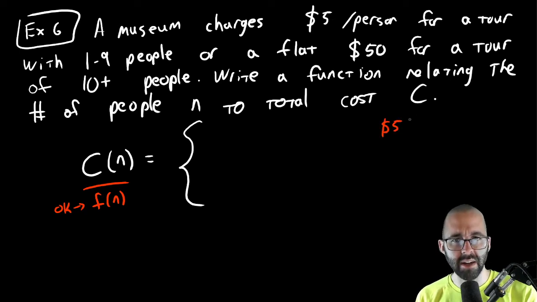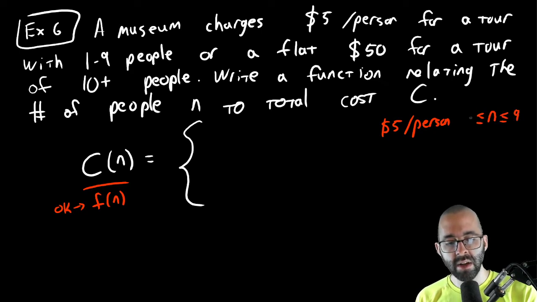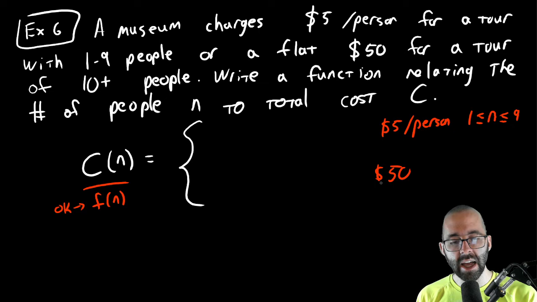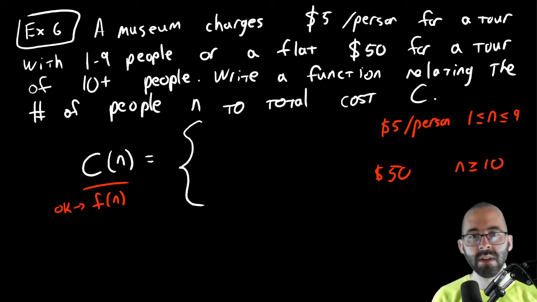Write this off to the side. Let's leave this blank for now. It's $5 per person if we have 1, 2, 3, 4, up to 9 people. If the number of people is between 1 and 9, and it's just $50 flat if we have at least 10 people.